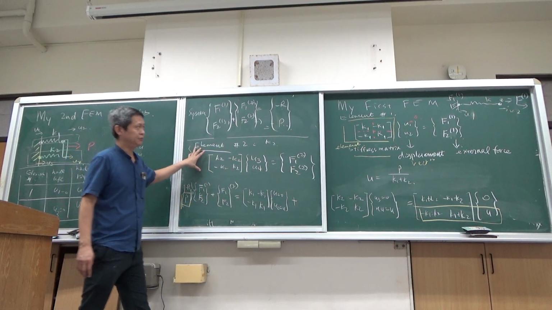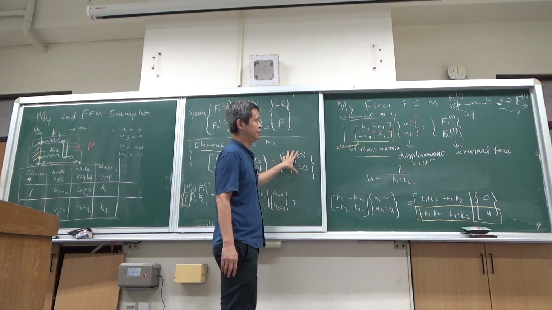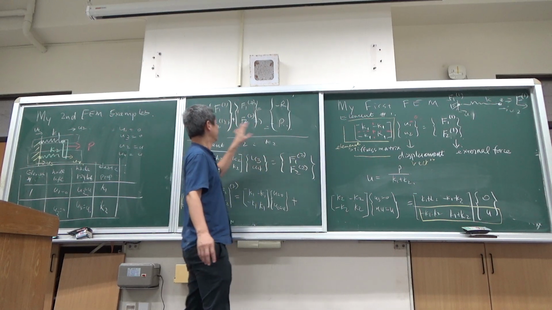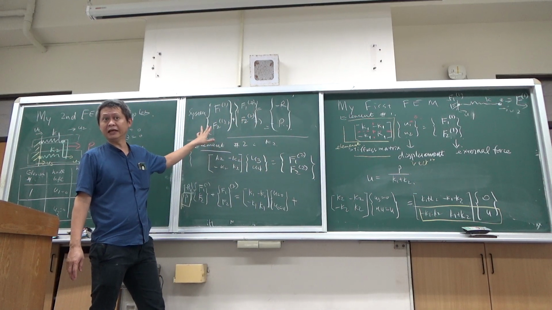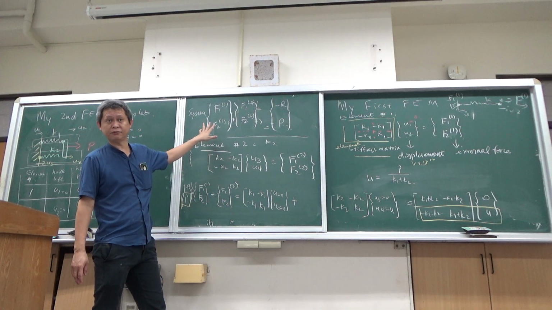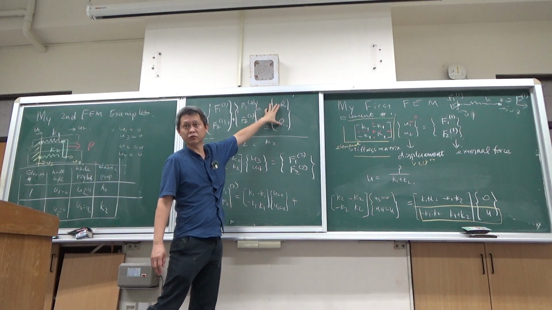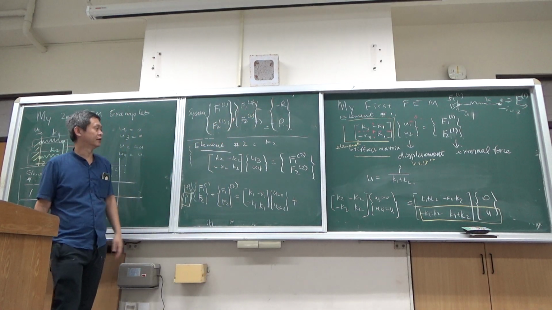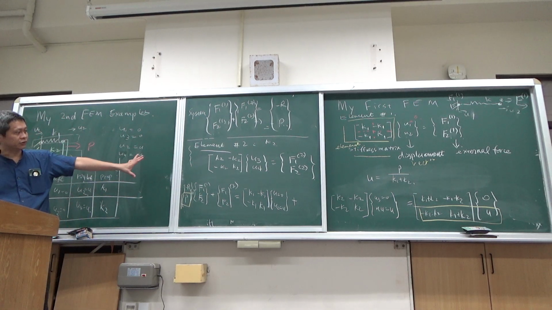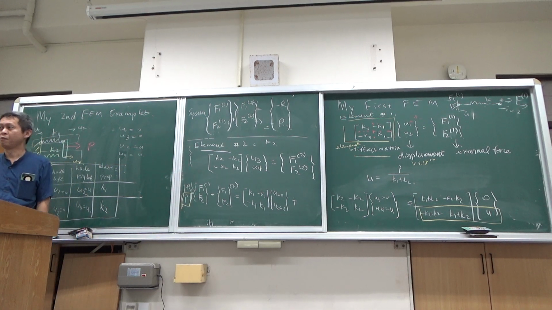So once you have element stiffness and element forces, you do the sum, and those element external forces will sum up to be equal to the total external forces. Okay. 所以同学这个清楚吗？ So you must make sure you are familiar with the procedure.